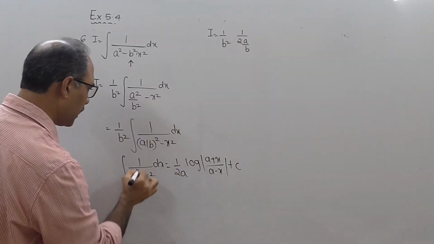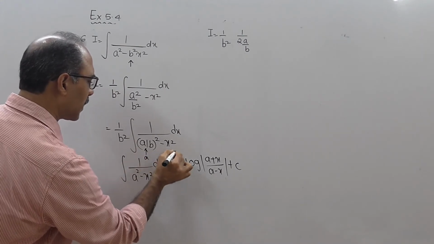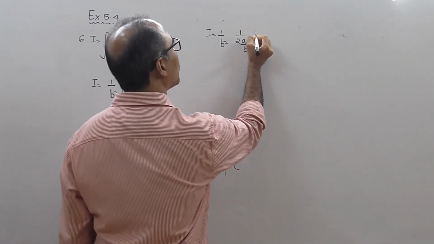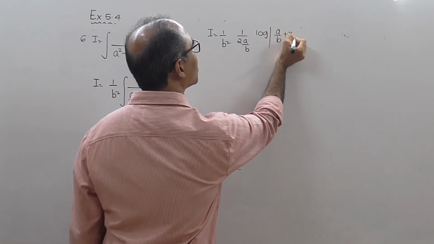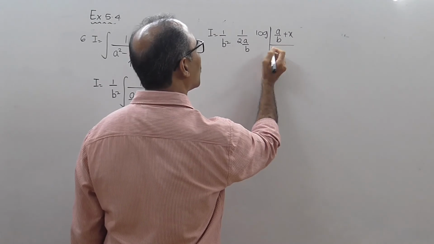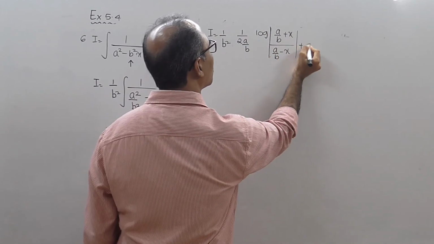This is your a and this is your x. Okay. So 1 upon 2a log modulus a plus x the whole upon a minus x plus c.